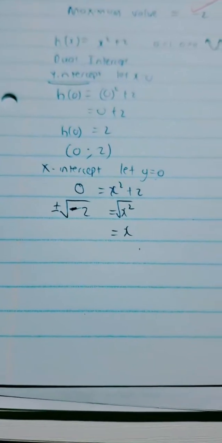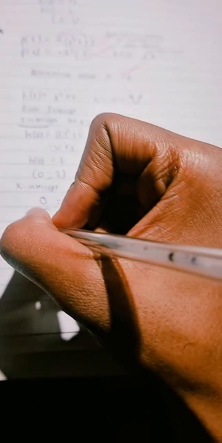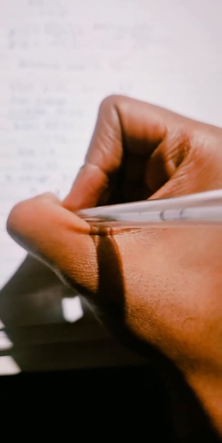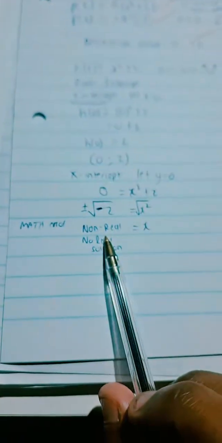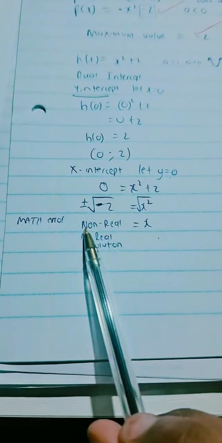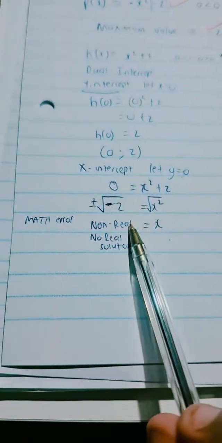Math error. Yes, undefined. Kwaka says undefined. Libongolet says undefined. Guys, it's a math error, which means non-real. In other words, there's no real solution. The math error in this situation speaks to that system of numbers that we call imaginary, non-real.